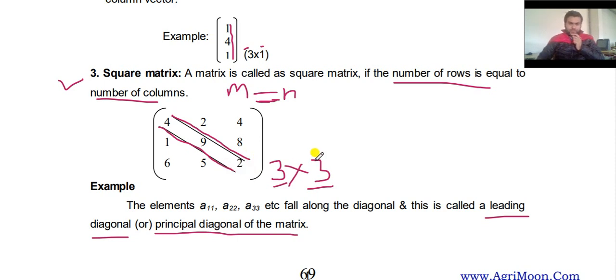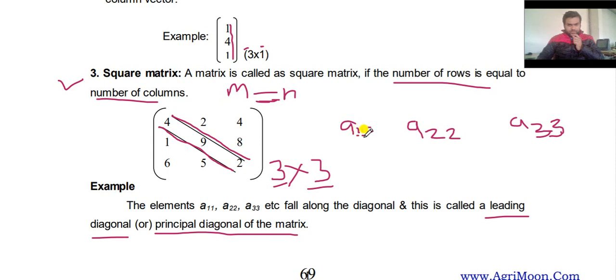Okay, so the elements in this leading diagonal are A11, A22 and A33. What is the meaning of A11? The first number shows the number of the row and the second number shows the number of the column.